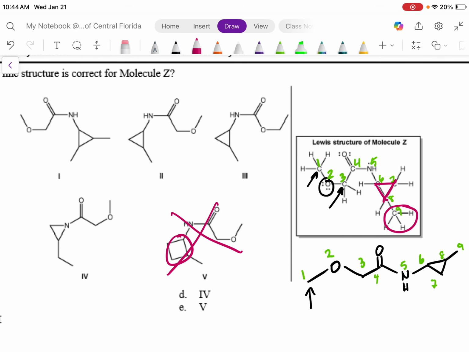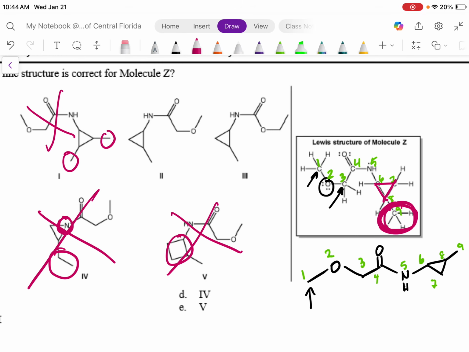So that means this guy has to be off the table because there's two of them. Then we could also see that what's coming off of the cyclopropane ring is just a methyl, one carbon. This guy has two carbons coming off of the ring. That's a sign that that's wrong. And it's also wrong because you have the nitrogen inside the three-membered ring. So that's just off the table right away.